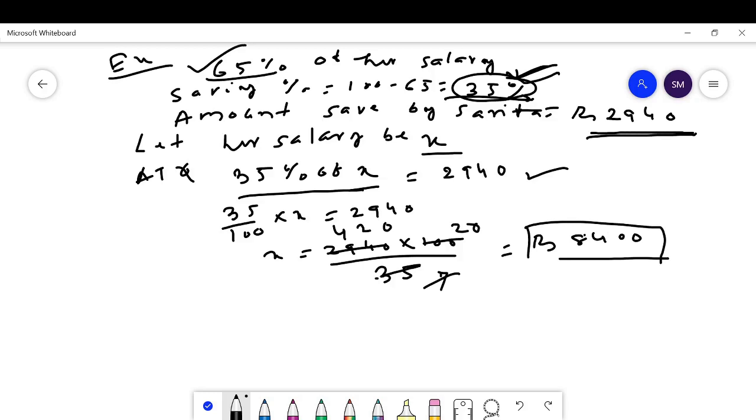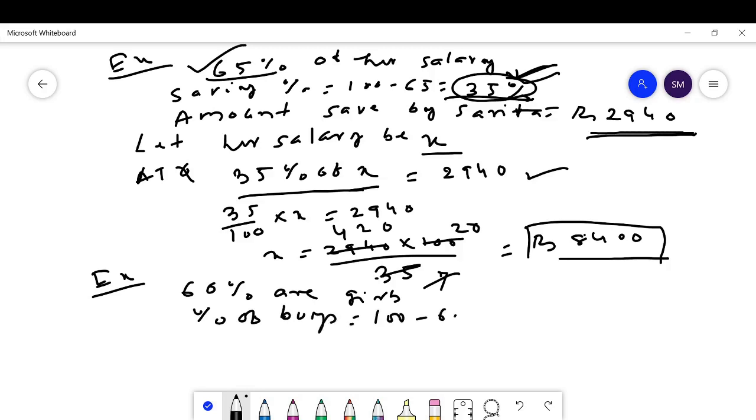In a class, the girls are 60% of the total number of students and boys are 18. Here in the class 60% are girls. Then the percentage of boys is 100 minus 60, which is 40%.